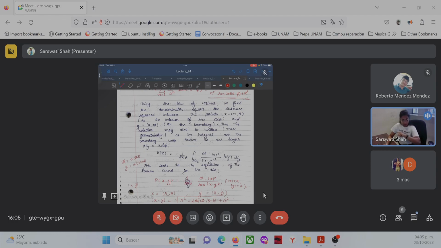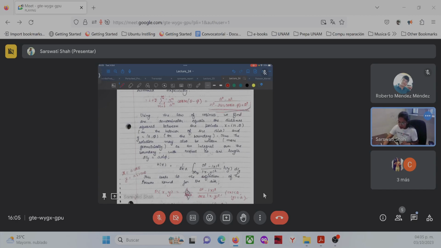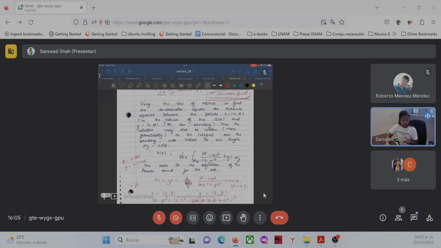If we change again from the polar coordinates to the Cartesian coordinates, the square of this is the square of this, because distance always comes with the square root of something, like the square root of (x1 minus x2) square plus (y1 minus y2) square. So this term is nothing but modulus of x minus y square in the Cartesian coordinates, and this r is nothing but the modulus of x.